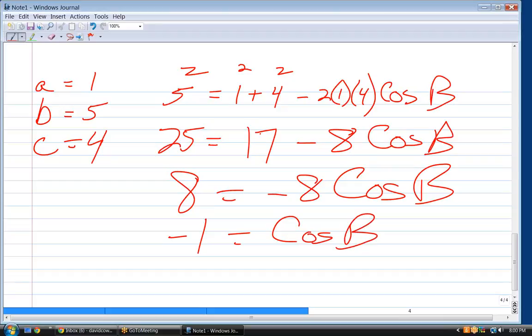Okay, did I do something wrong here? Let's see, 5 squared equals 1 squared, that's 1, plus 16 is 17, minus 8 cosine B. Okay, so right off the get-go, where is cosine equal to negative 1?